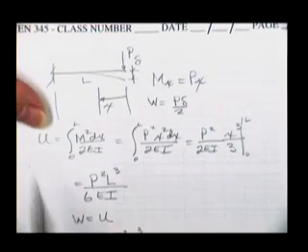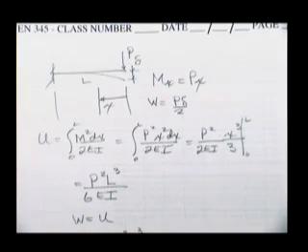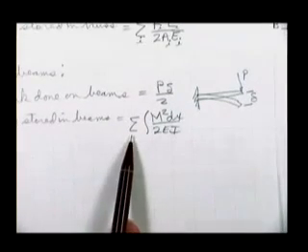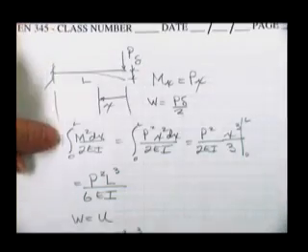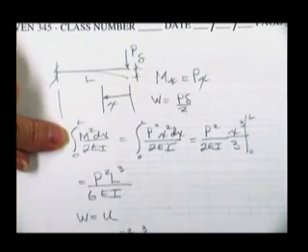The energy stored in it is equal to, make sure I got that right, energy stored in a beam is the sum, there's only one beam in our case, integral of M squared dx over 2EI.